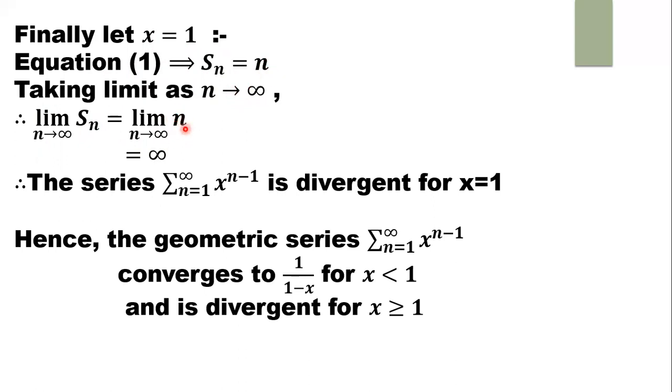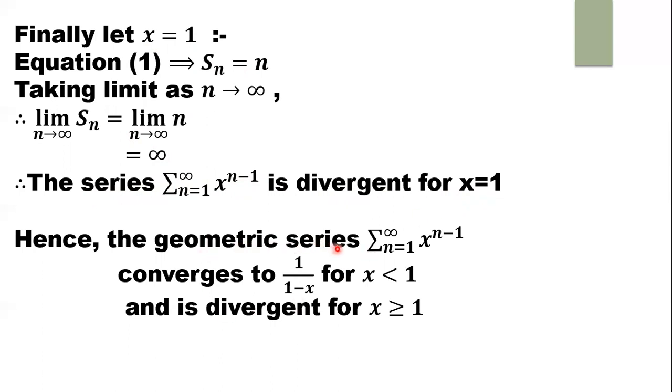In place of n we put the value infinity, so it is infinity. Again, Sn is equal to n for x equal to 1, and the series is divergent. See here, the series summation n equal to 1 to infinity x raised to n minus 1 is divergent for x equal to 1.